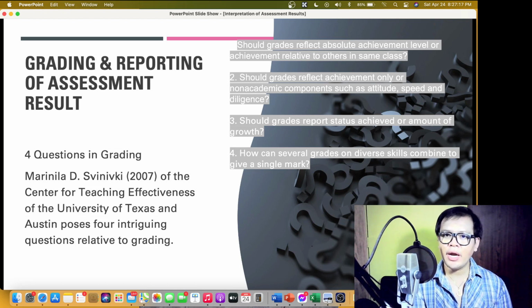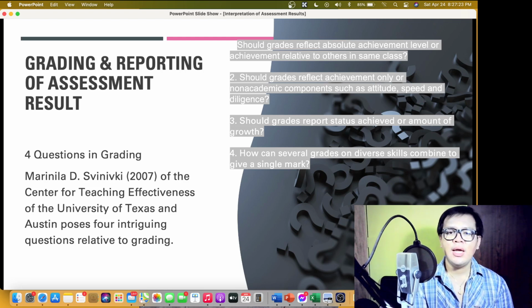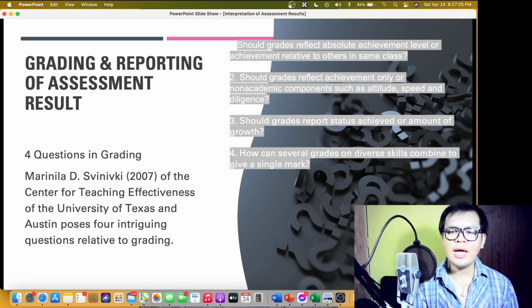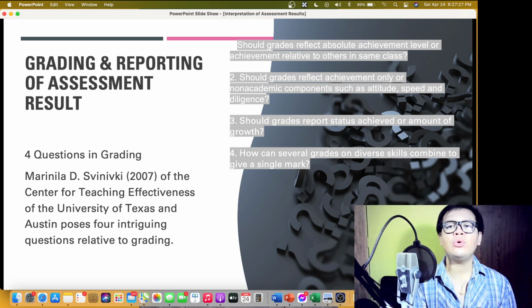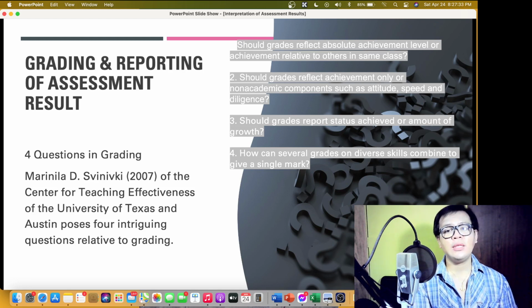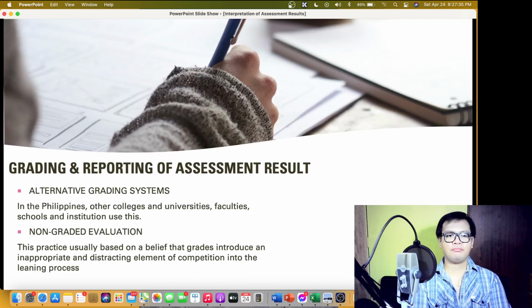Second, should grades reflect achievement only or non-academic components such as attitude, speed, and diligence? Third, should grades report status achieved or amount of growth? And how can several grades on diverse scales combine to give a single mark?